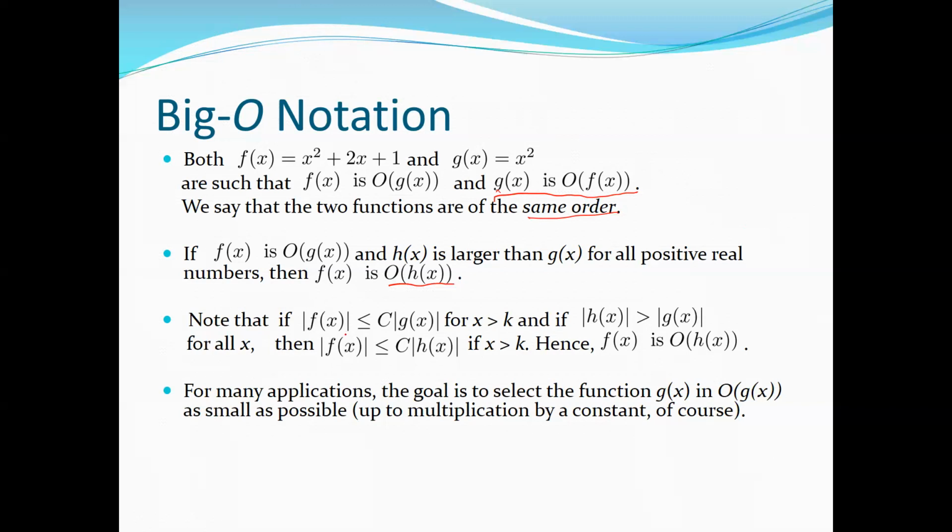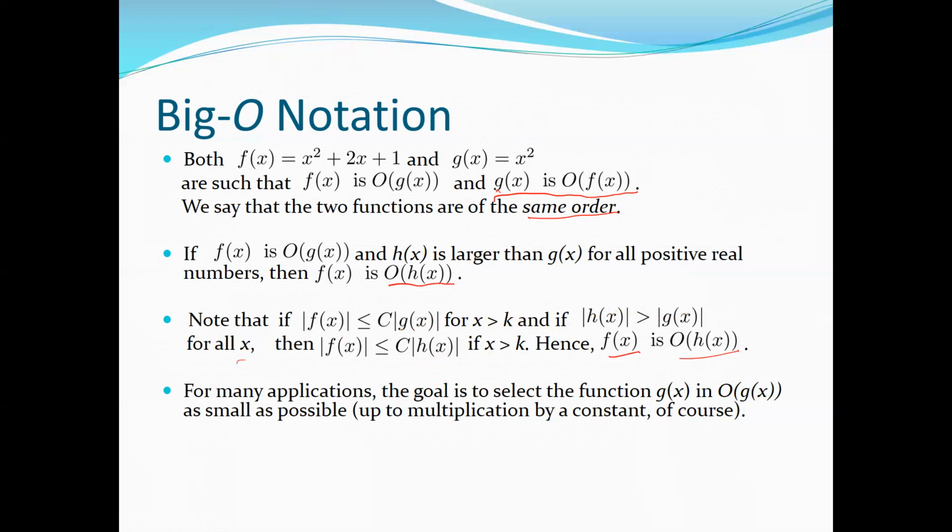Note that f(x) is less than or equal to c g(x) for all x greater than k, and if h(x) is greater than g(x), then f(x) is less than or equal to c h(x) as well, if x is greater than k. Hence f(x) is O of h(x), as I mentioned just now.